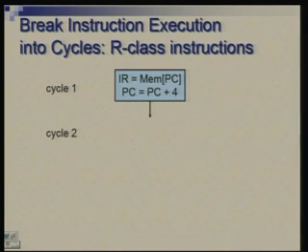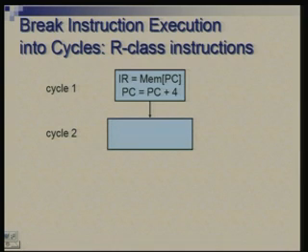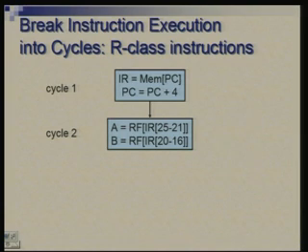In the next cycle, we read the operands from the register file and these two are brought into A and B. The addresses of the register file are provided by the instruction, and the relevant fields here are bits 21 to 25 and bits 16 to 20 for the second operand.